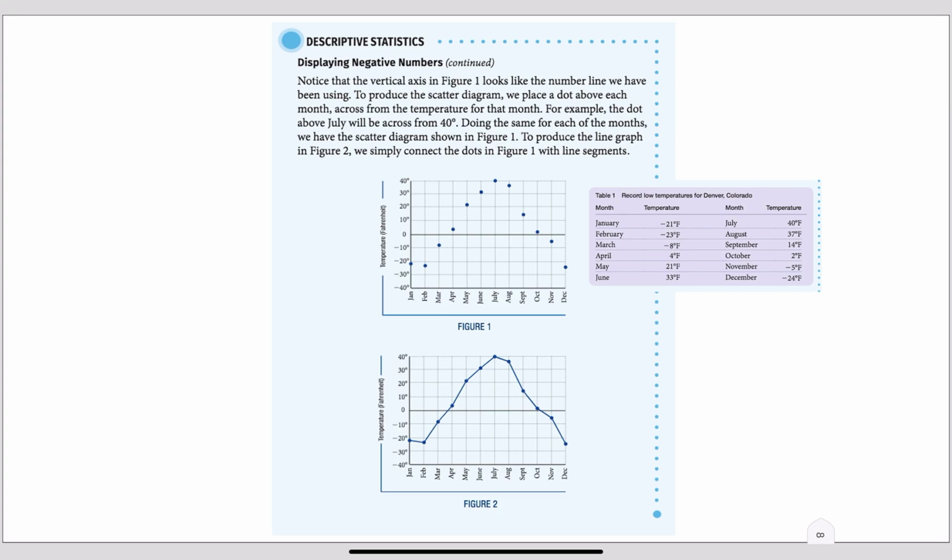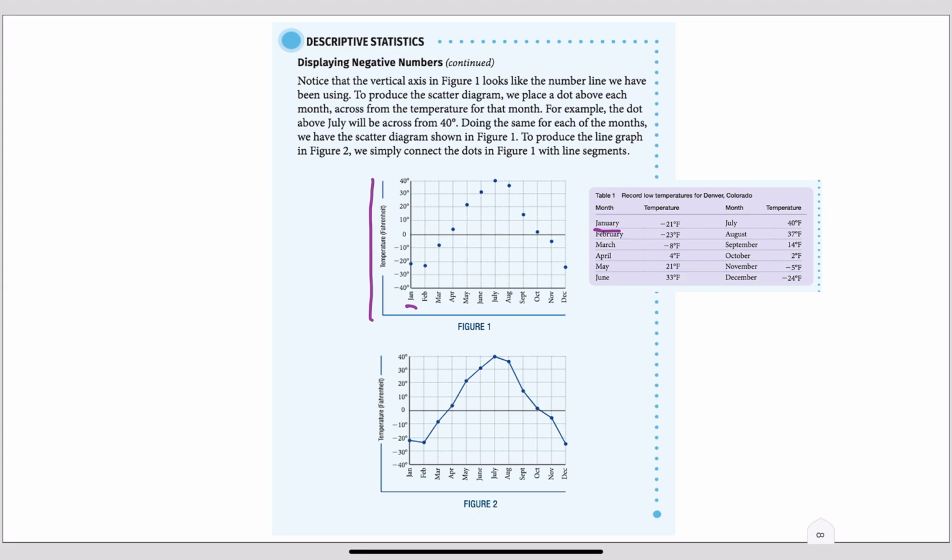So the data has been made into a scatter plot. For the month of January, they plotted the temperature on this axis here. Because the temperature goes below 0, 0 is not going to be at the bottom.